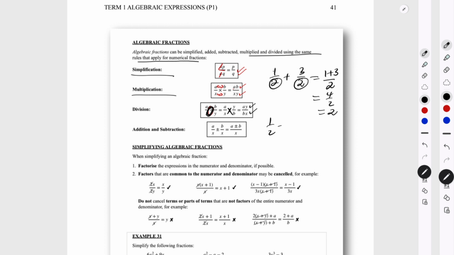But if it's 1 over 2 plus 3 over 4, I cannot add this as 1 plus 3 over 2 plus 4. This is not correct. It's not allowed. I need to make my denominators the same first. Are we clear? But keep that thought. We'll do more on the adding and the subtraction at a later stage. But just keep in mind that I can add if my denominators are the same. I just add the numerators.